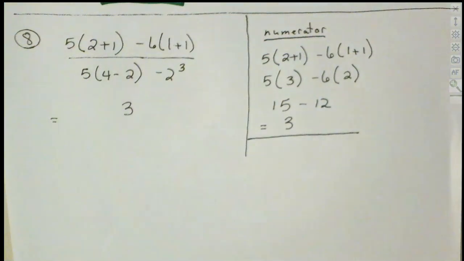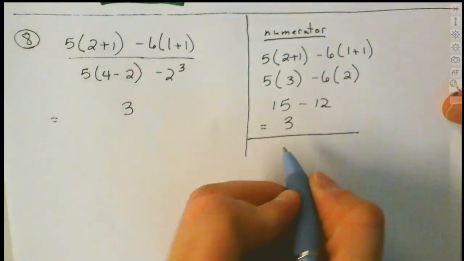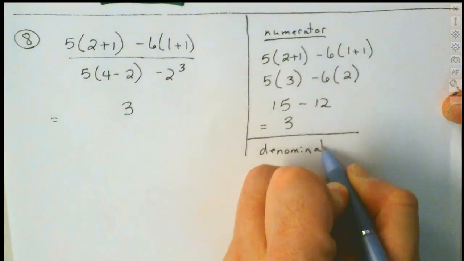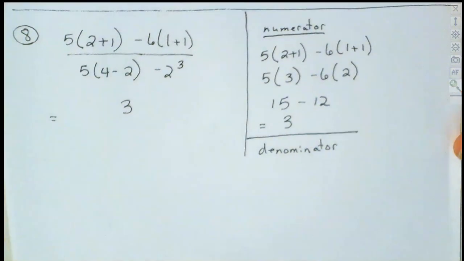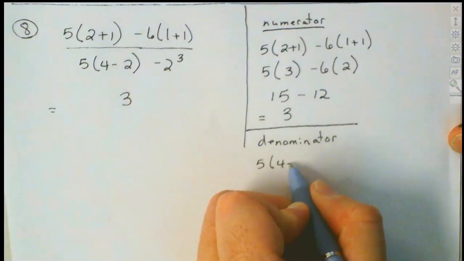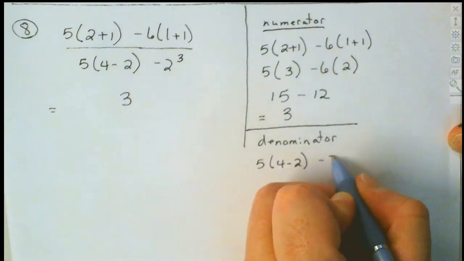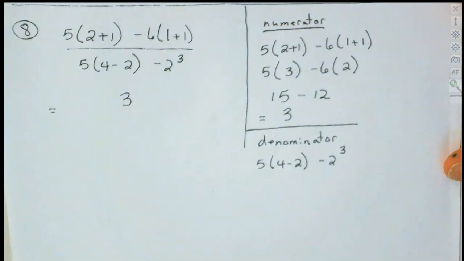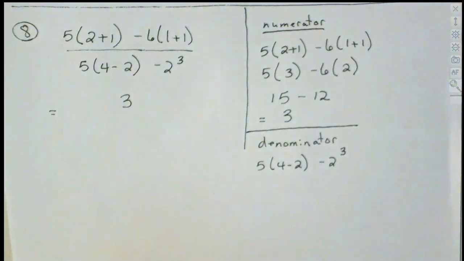Okay, so what about the denominator, the bottom half? For the denominator, or the bottom half of the fraction, we have 5 times (4 minus 2) cubed. We've got to be careful with our order of operations. So what do we do first here?